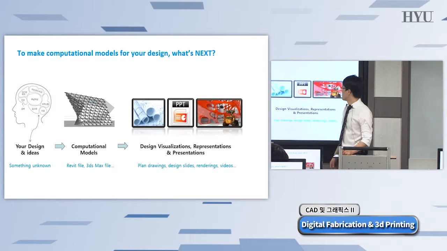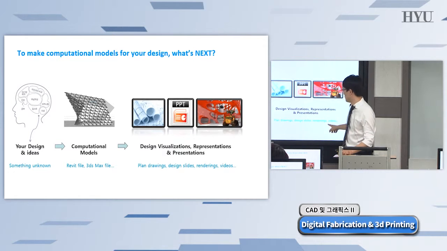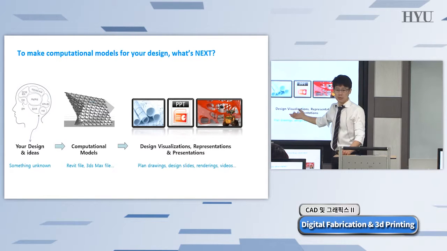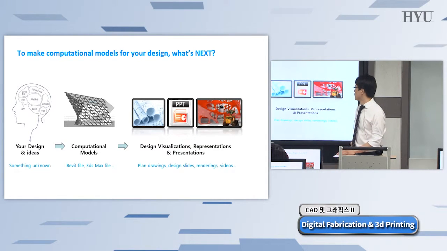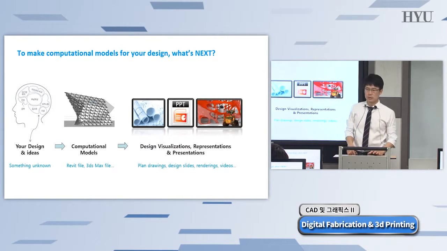And at the end, some 3D rendering, PowerPoint slides, even animations, video files, or orthogonal graphics, so-called plans, and so on, for making your design visualized and represented, okay? This is the usual process of our design studio course, okay?